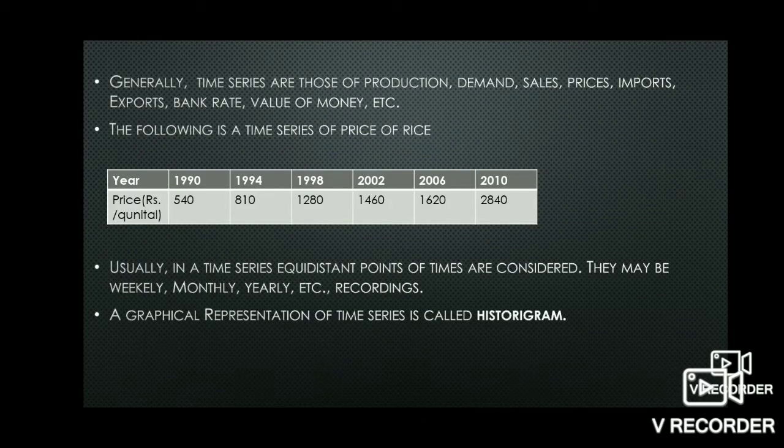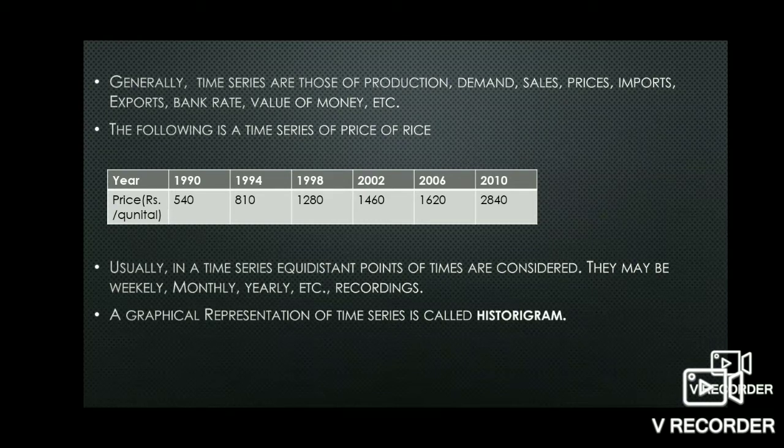Generally, time series are those of production, demand, sales, price, imports, exports, bank rate, value of money, etc. The following is a time series of the price of rice. Here we can see the years 1990, 1994, 1998, 2002, 2006 and 2010.